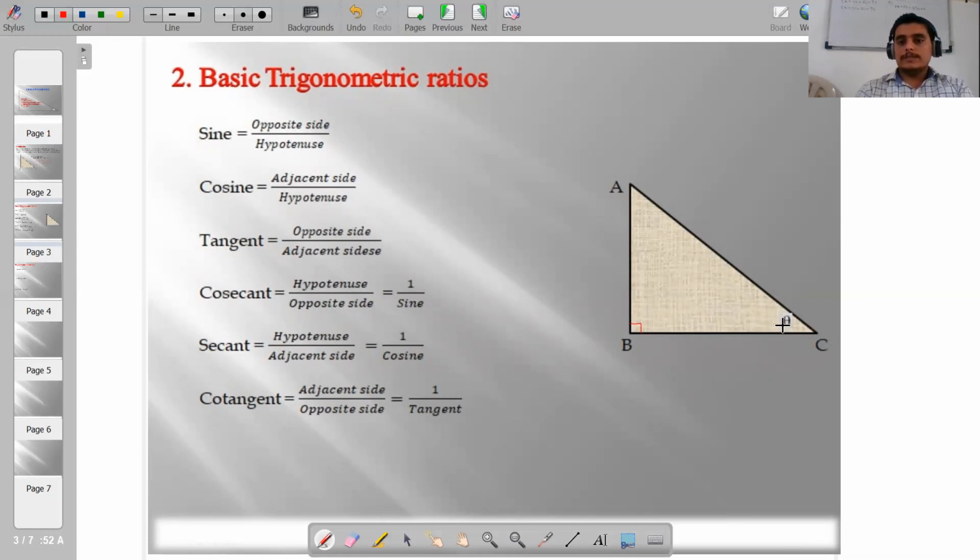Then the opposite side of this theta is AB, we call it the opposite side. Then BC is the adjacent side of theta, and AC is the hypotenuse of the triangle.